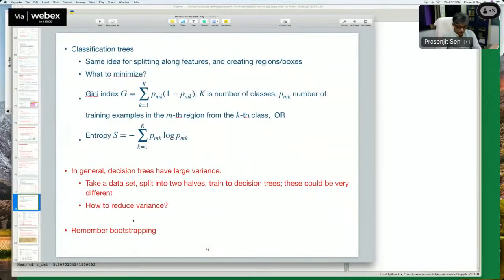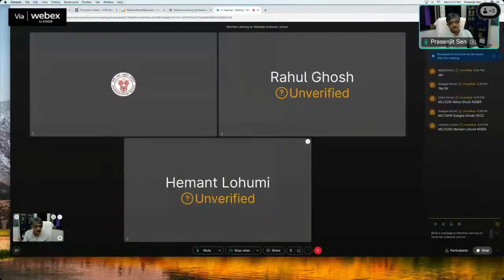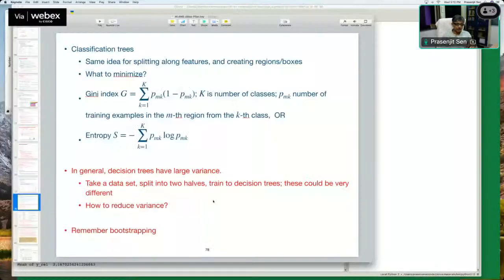Okay, so far I have talked about regression trees, but regression is not the only kind of problem we do. We also do classification problems. So how do we handle classification problems in trees, and where is the difficulty?